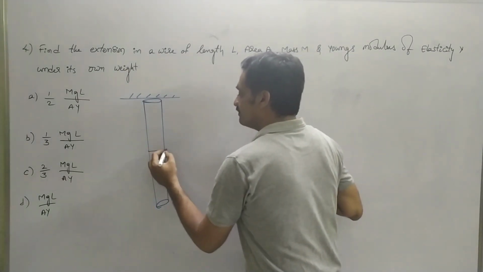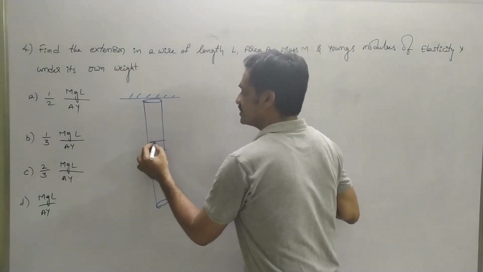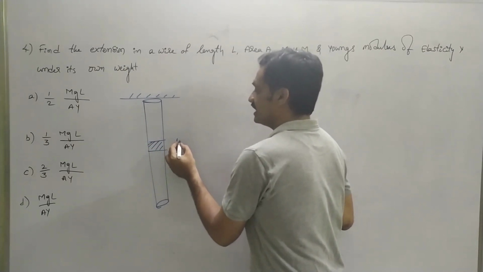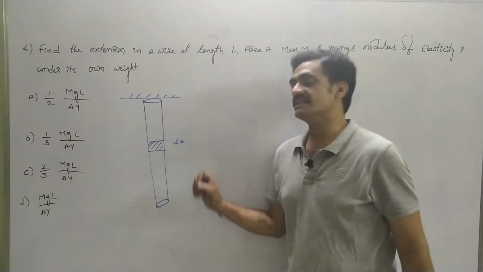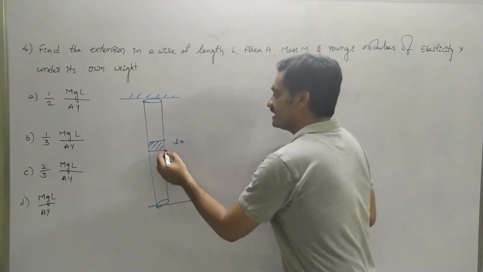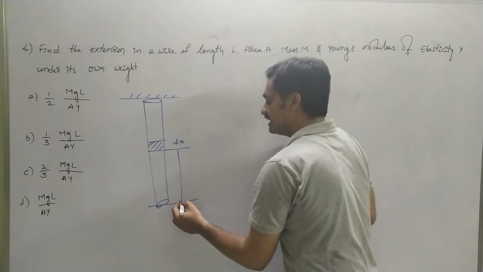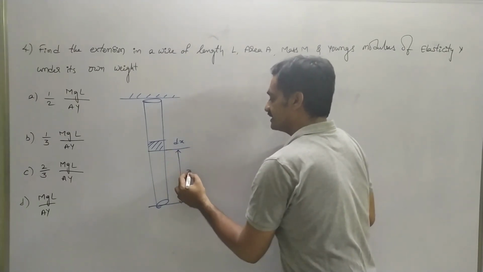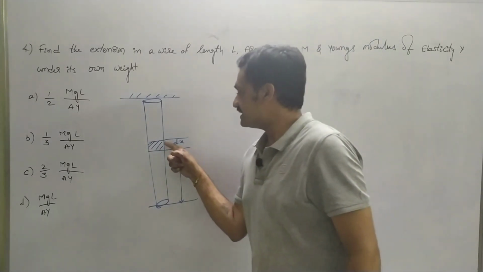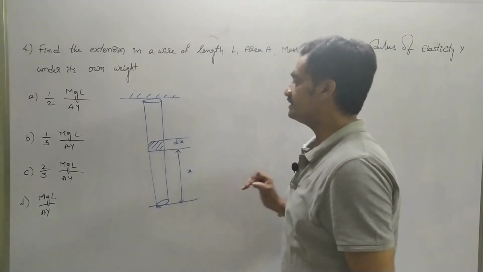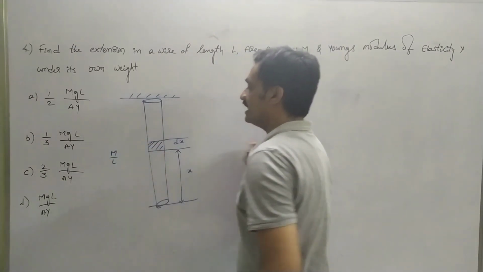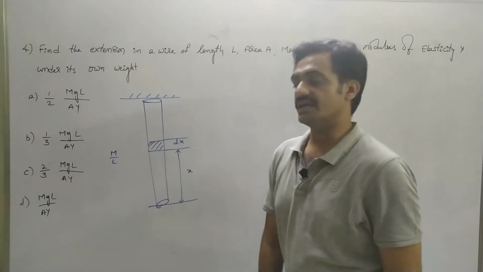In order to represent the extension in this wire, I am going to consider a small extension at this part, represented as dx. From the other end, the extension dx is at a distance of x. Now we have to represent the mass at this location. For this we consider mass per unit length, where L is the length of this wire.